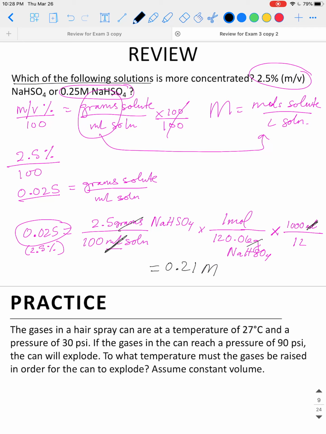The question is, which of the following solutions is more concentrated? So I have either 0.21 molar or 0.25 molar. Remember, this one right here was the 2.5%. When we converted that to molarity, we find that it's less concentrated than 0.25 molar.